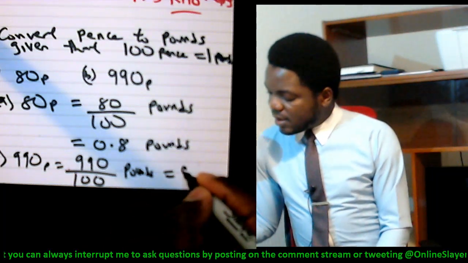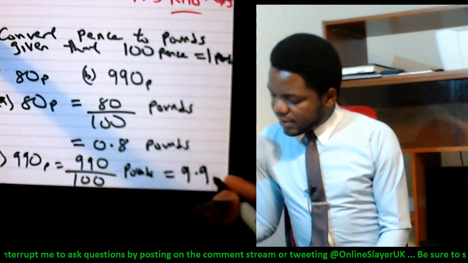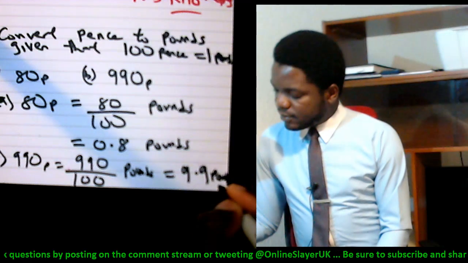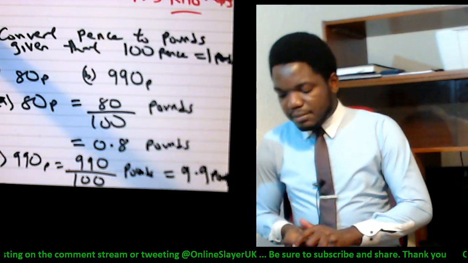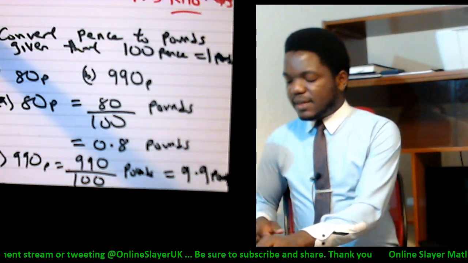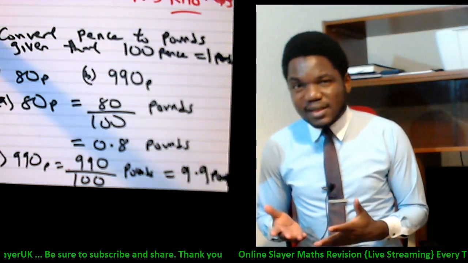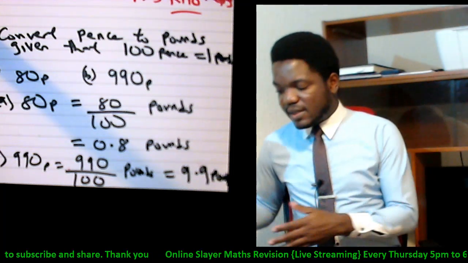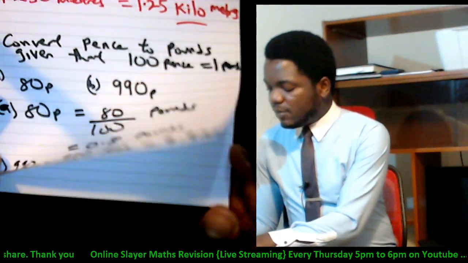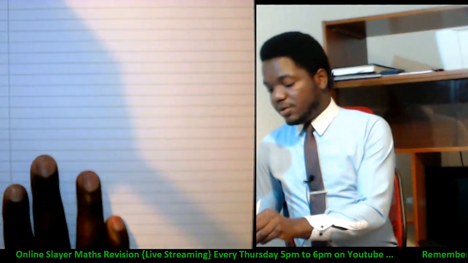So that's going to be 9.9, right, pounds. And that's your answer. I'm so sorry that I have not taken my time to break this into so many examples, but this is basically what you can expect in any question like that. If you come across any problems in this, hit me up and I'll be happy to slow down a bit for you.